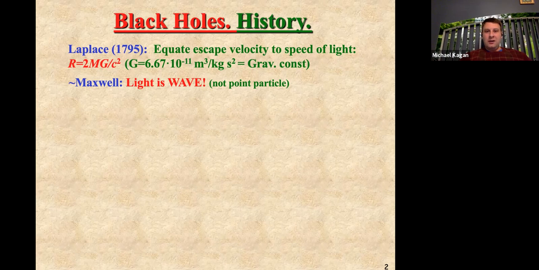So it's not correct to say that whatever calculation Laplace did using Newtonian mechanics actually applies to light. However tempting that approach feels, how do you know that light won't really escape what you call a black hole?